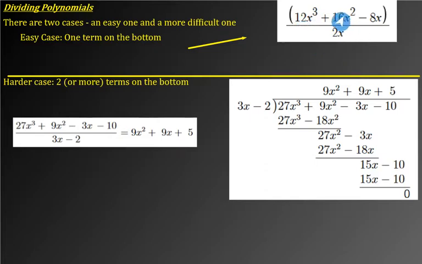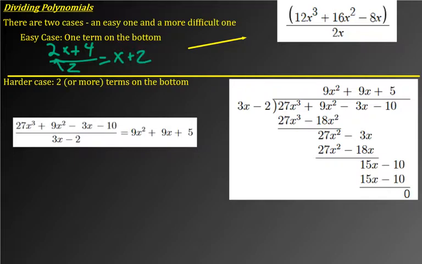And this is not bad because you only have one term on the bottom. When there's two terms on the bottom, you're going to need to do what I'm going to talk about down here. So for the easier case, it's honestly just like you've done before. Like if you have 2x plus 4 and you divide by 2, we know we divide 2 into both of those things and we would get x plus 2.